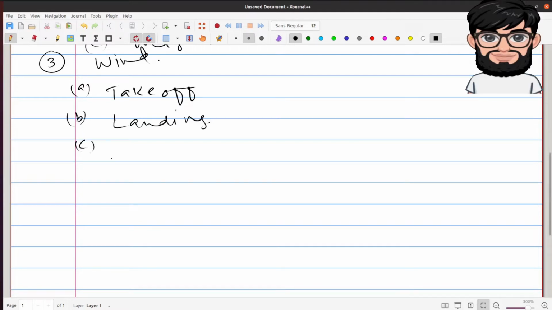And the third one is while you are in the cruise mode, we'll just call it cruise flight. So basically in this one, you want it to be in the direction of the wind in order to take advantage of the wind, because the wind direction and the airplane direction basically have the opposite effect on the airplane performance.